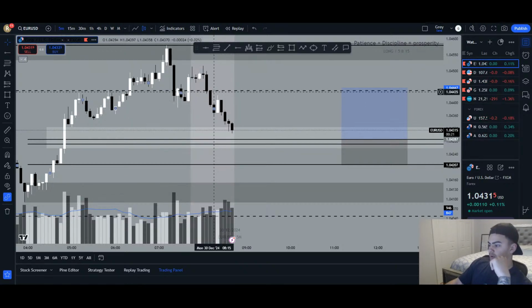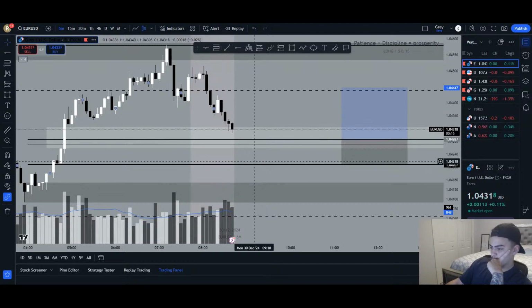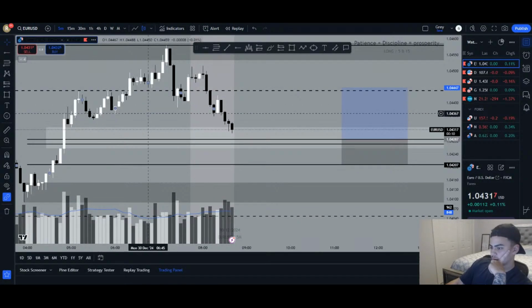So no top wick, no top wick. I'm feeling like it's gonna have a reaction here. Had no bottom wick here, so it's grabbing the liquidity. As over here, over here, and over here.